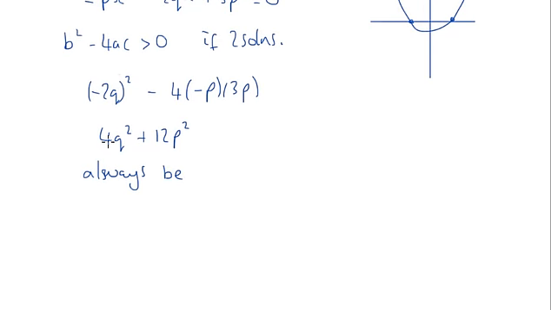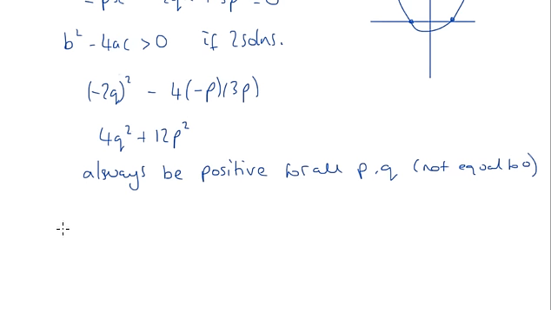So this will always be positive for all p and q because they're not equal to 0. Therefore, two solutions to the quadratic, which means there'll be two stationary points.